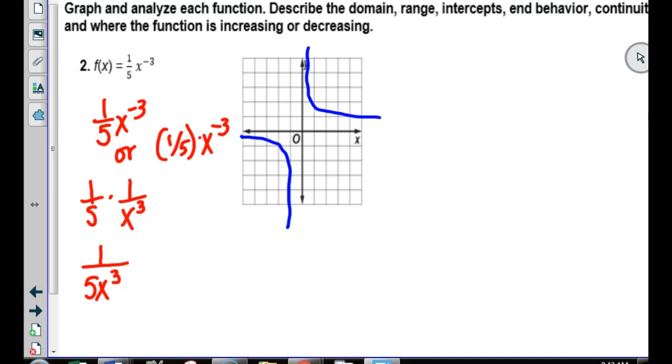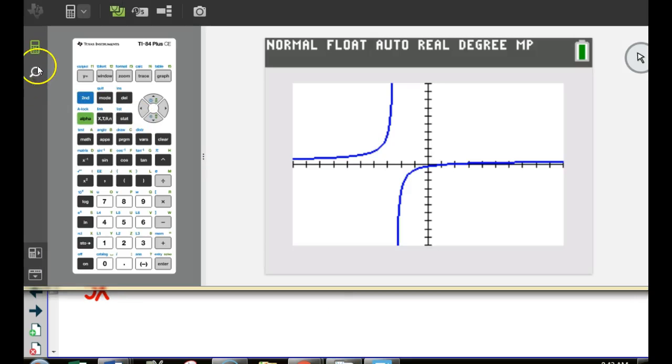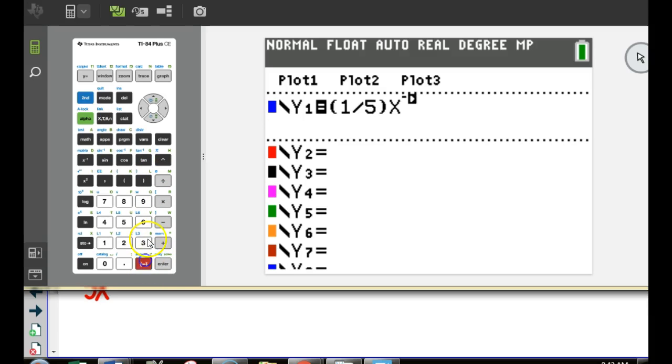Now, let's talk about what this looks like on the calculator, though, because students get this wrong. I'm super lenient on the sketch here, okay? I don't care what the sketch is, except it cannot end, guys. This was 1/5 x to the, what was it, -3?